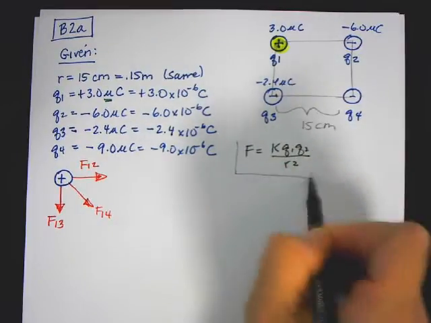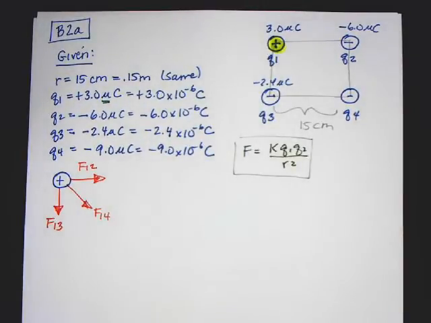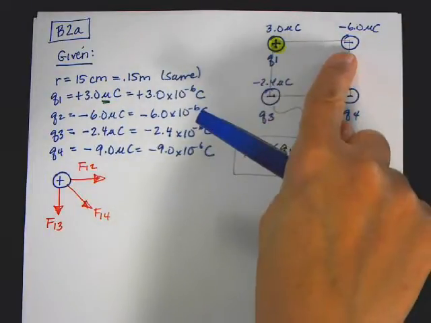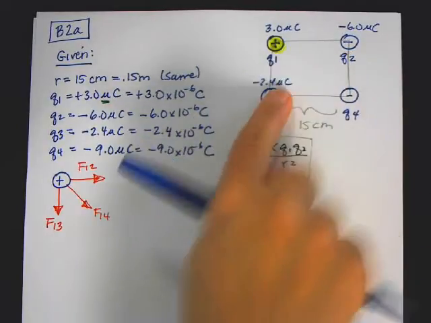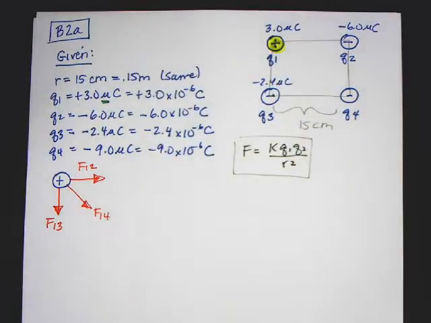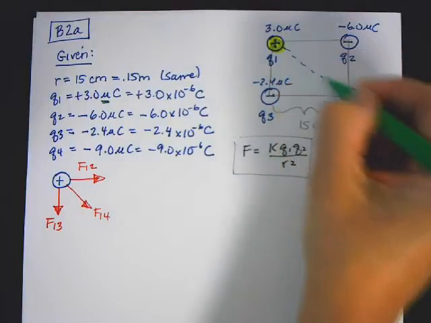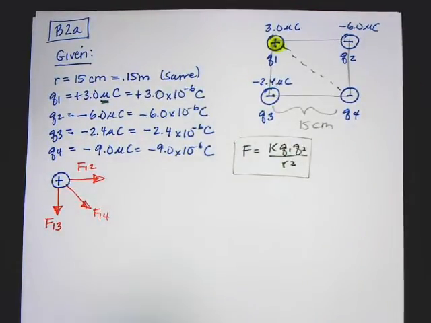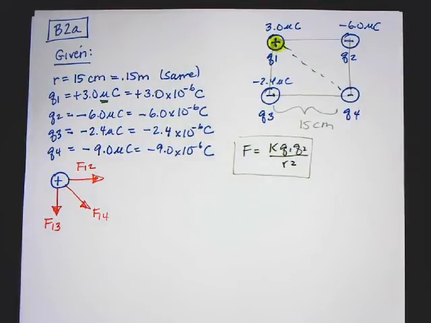So far, it's easy to see the distance between these two charges is 0.15. Is the distance between these two charges 0.15? No. So before I do anything else, I'm going to figure out that distance.